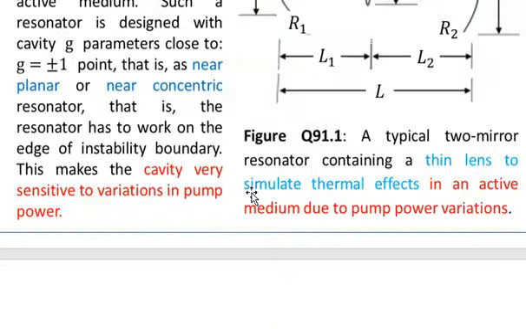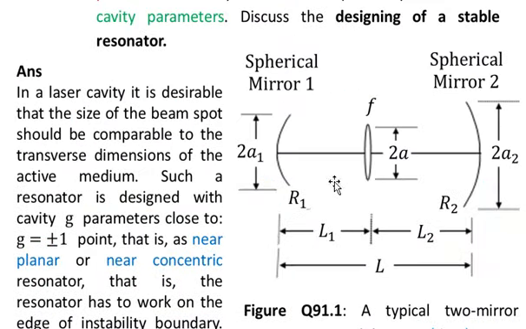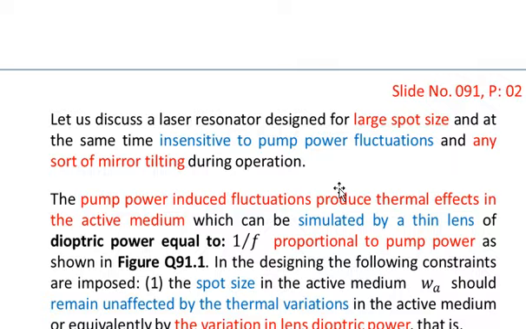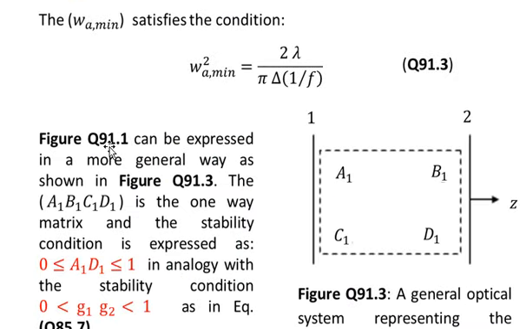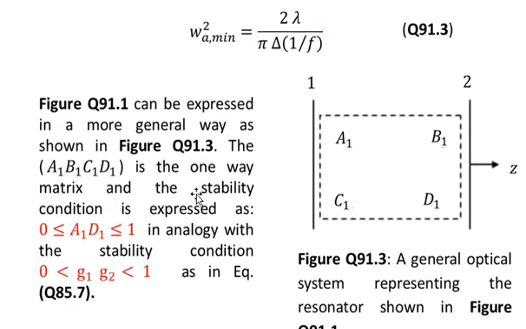So you see that this is our figure. We can simplify this figure in terms of a more general optical system. So figure 91.1, the figure that I have just shown you, can be expressed in a more general way as shown in figure 91.3.